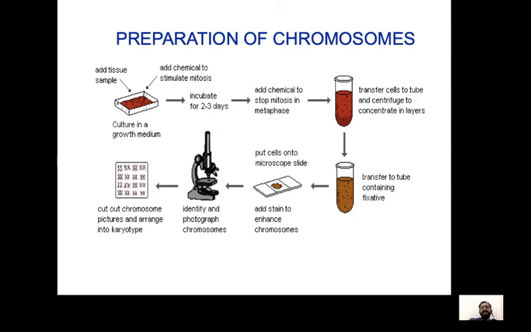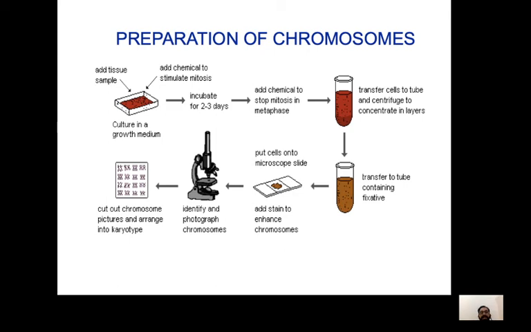Transfer the cells to the centrifuge, and you can get the cells after centrifugation. Then you can add the fixative material to fix the cells, and after fixation they could be transferred to the plates or the slides and a cover slip put on.